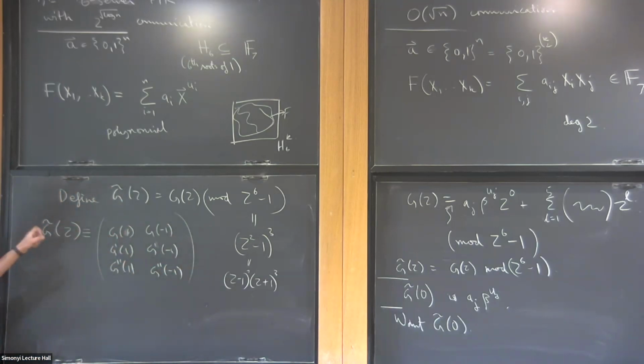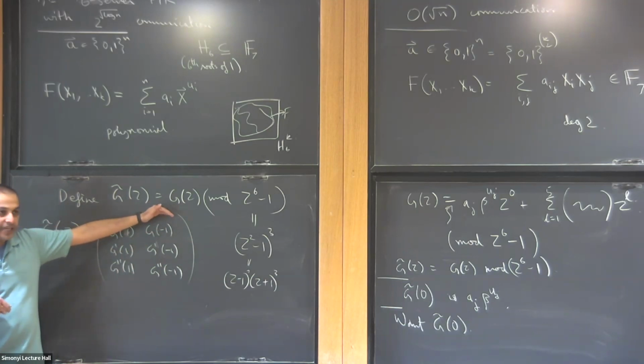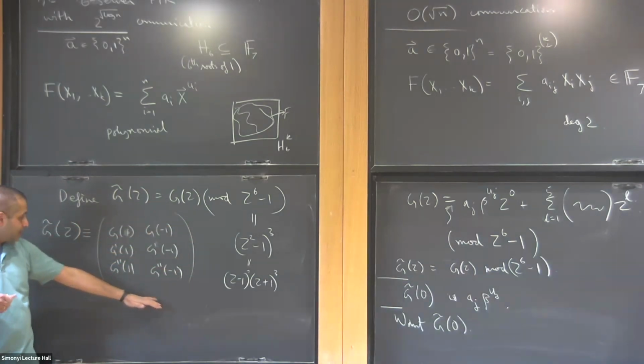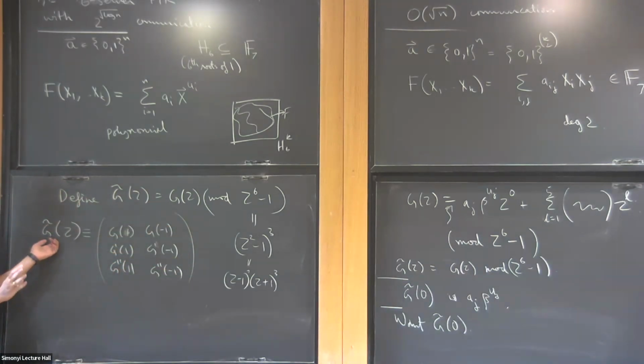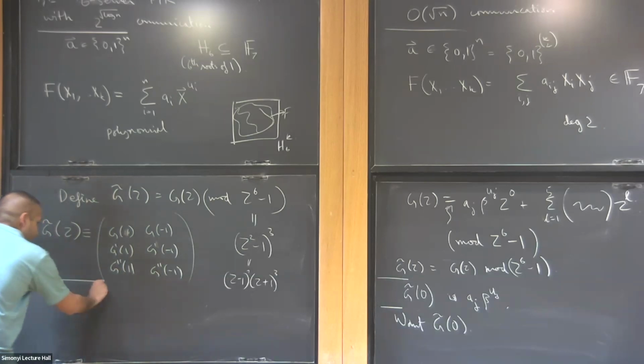All this information together is exactly G tilde of Z. So to get G tilde of Z, it suffices to get all this. How do I get all this? Well, I get f and its two derivatives at c of 1, f and its two derivatives at c of minus 1, and all that information together tells me G tilde. So I'm done.